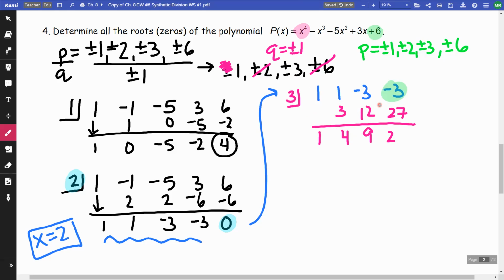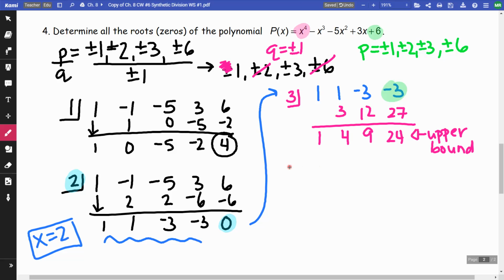I add, I get a 24. So again, something to look at. When I have a positive number here, and I get all positives back in this depressed polynomial, this is an upper bound. That means I wouldn't have tried that 6 because anything higher than 5 is not going to work. I'm at the point where the graph is going up forever.